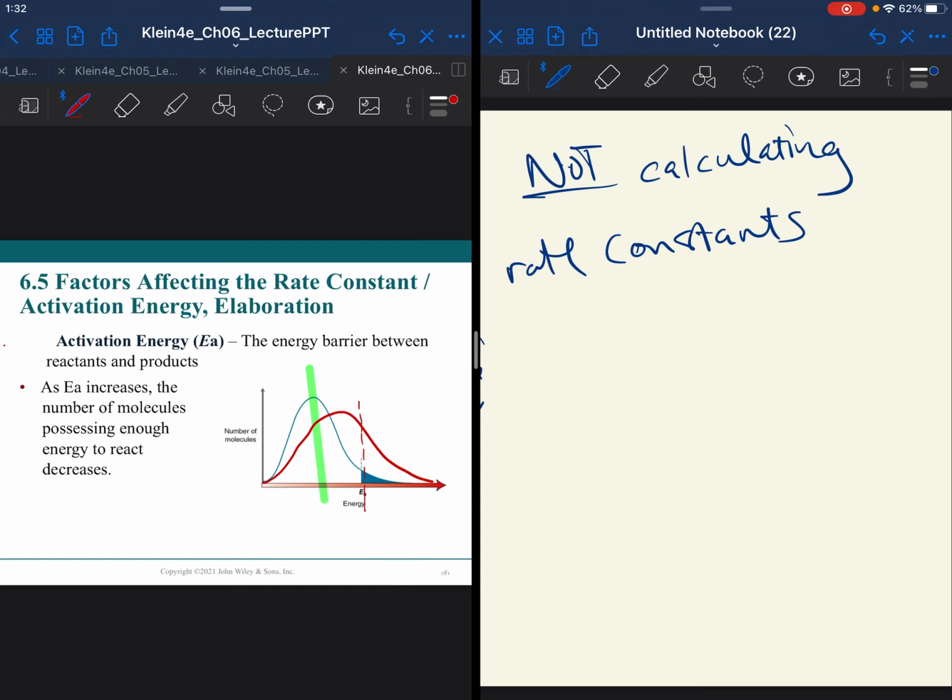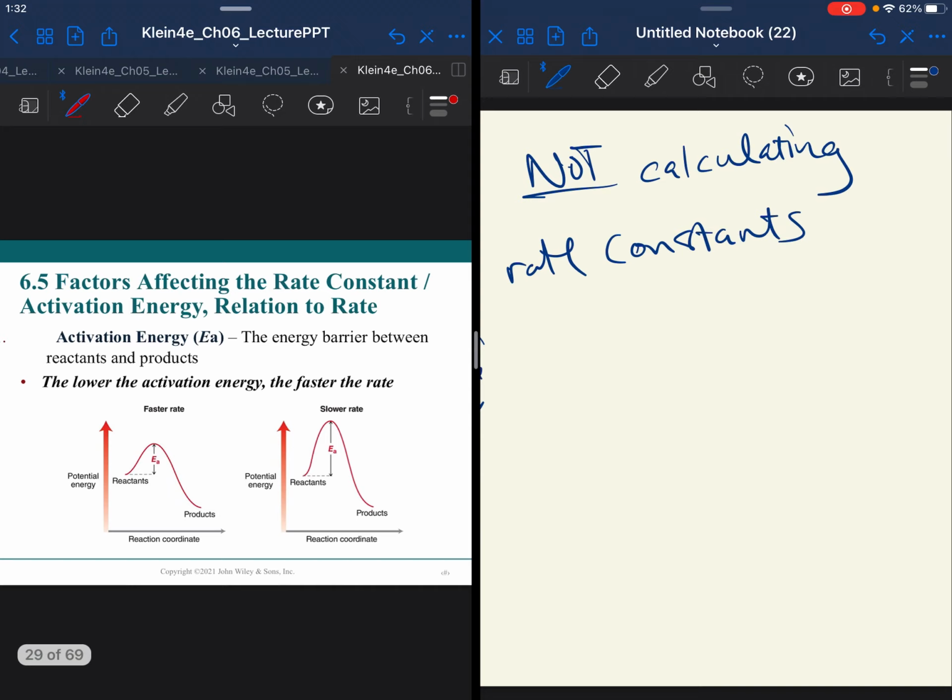So if your activation energy is here, when we raise the temperature, now more molecules have enough energy to get over that hump, get over that barrier. And that's why we heat up a lot of our reactions, right? So that we have more molecules that are energetic enough to react. It speeds up our reaction.